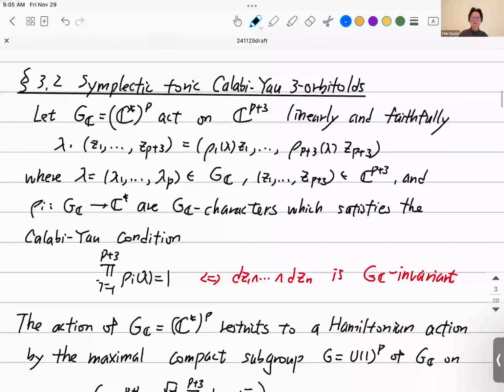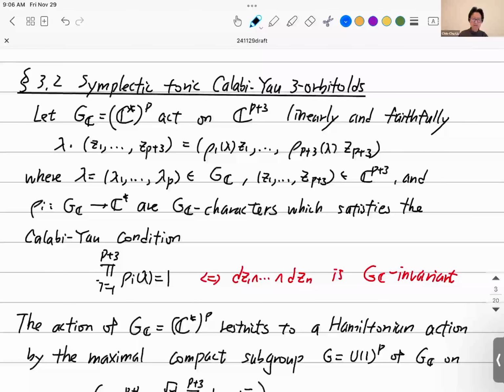We start with the geometry of the A side. Let G_C be a complex algebraic torus (C star)^p of dimension p, acting on the (p+3)-dimensional complex vector space linearly and faithfully.